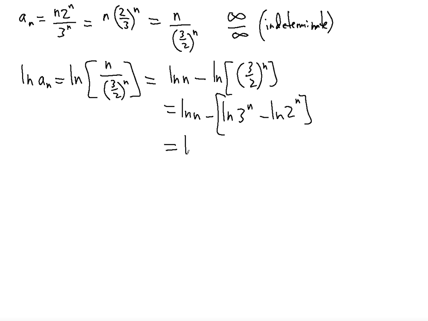So we will have ln n minus n ln 3 plus, because there are two minuses there, n ln 2. Now we can factor out the common term n, so we'll have ln n minus n times (ln 3 minus ln 2).